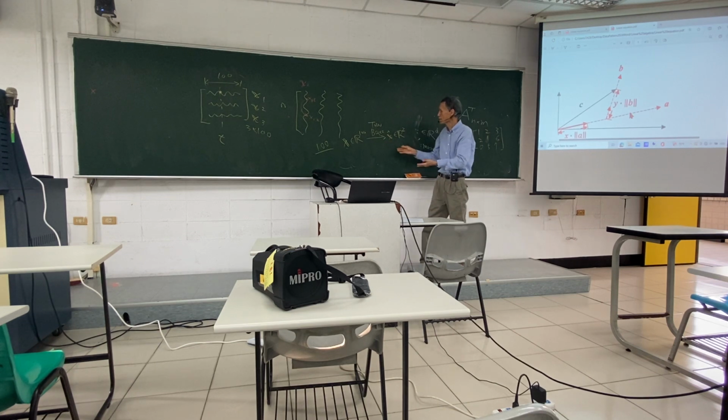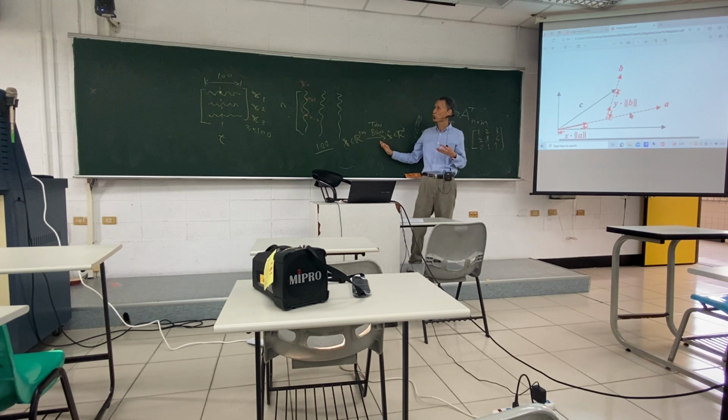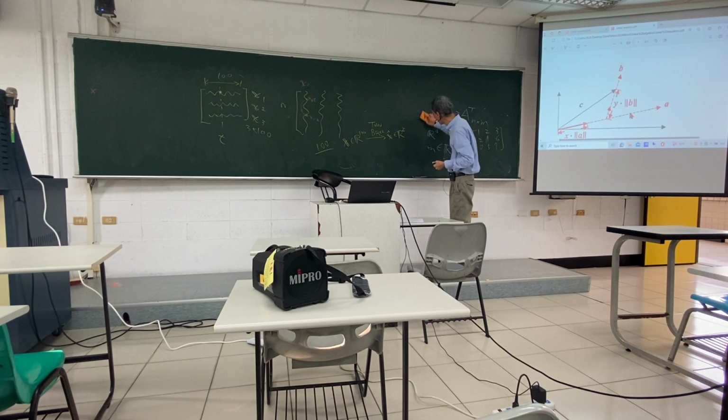And the basis, of course, deals with the design, how to design a good basis so it can have a better representation. That's why in the early days, when people talked about face recognition, it would do something like this.